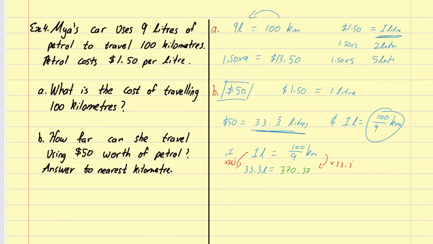That just keeps going. So that's how many kilometers I'll be able to get with the 33.3 liters. But because the question says answer to the nearest kilometer, I just have to round this up to the nearest kilometer. So the final answer would be 370 kilometers.